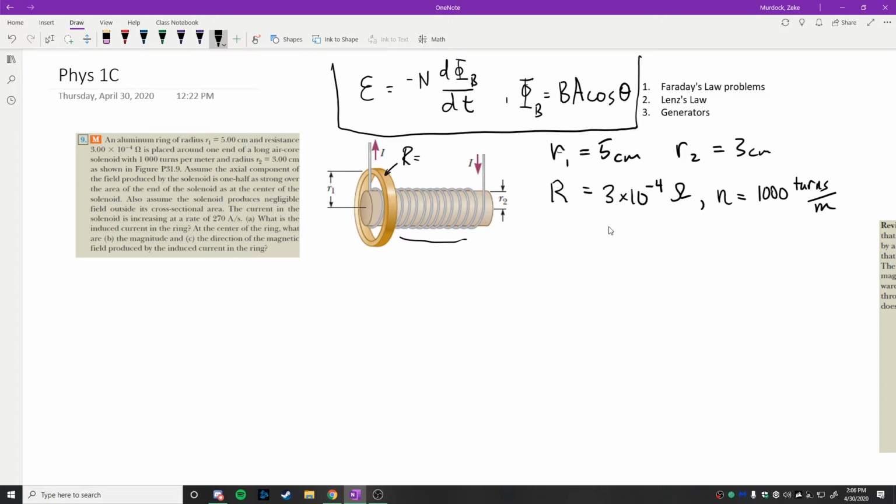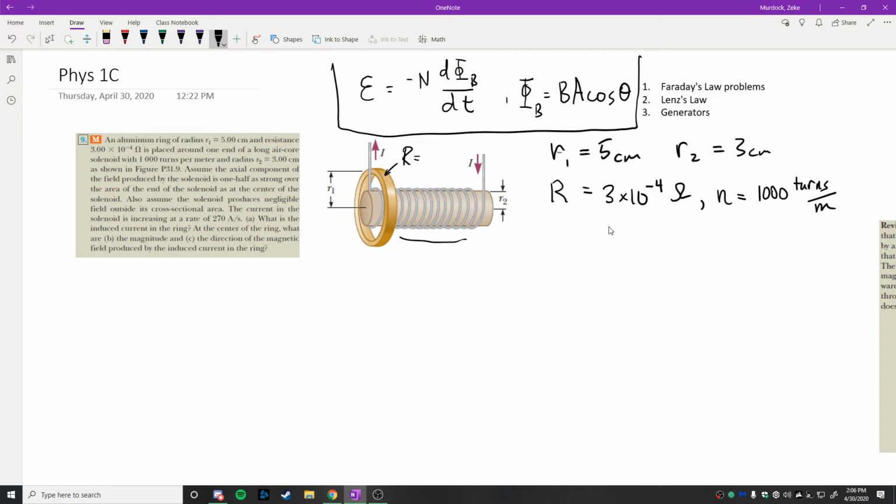It says, assume the axial component of the field produced by the solenoid is 1/2 as strong over the area of the end of the solenoid as at the center of the solenoid. Also assume that the solenoid produces negligible field outside its cross-sectional area. The current in the solenoid is increasing at a rate of 270 amps per second.